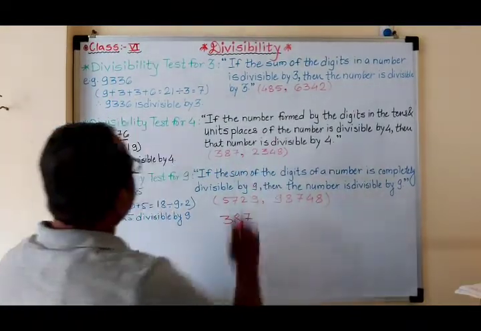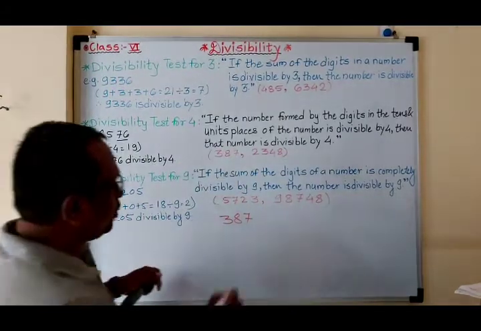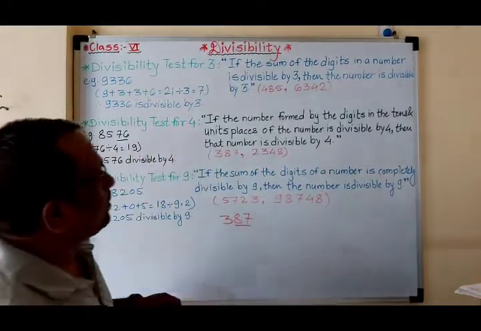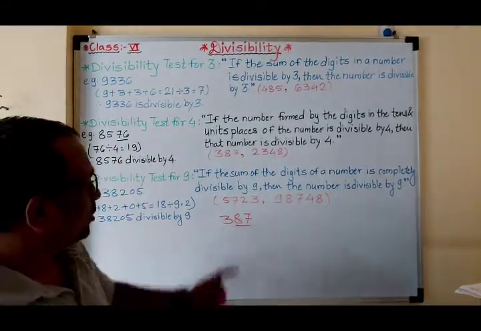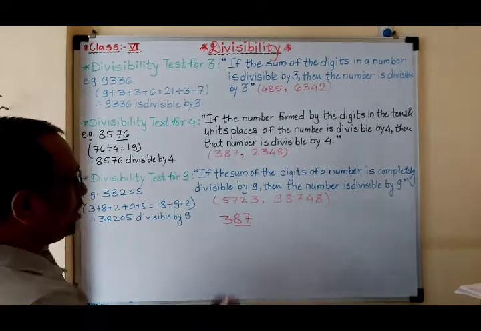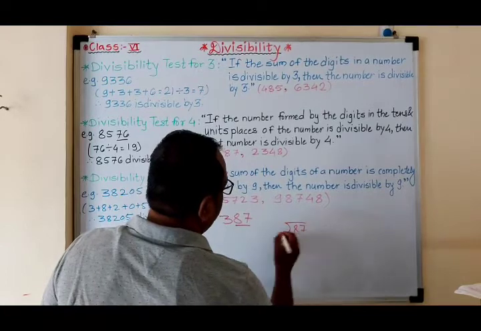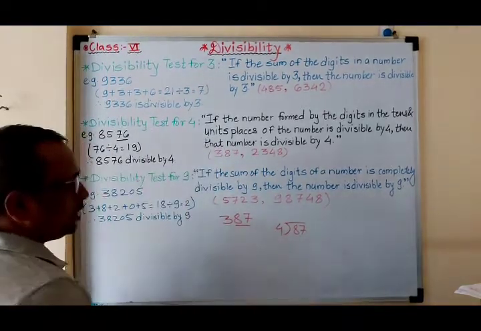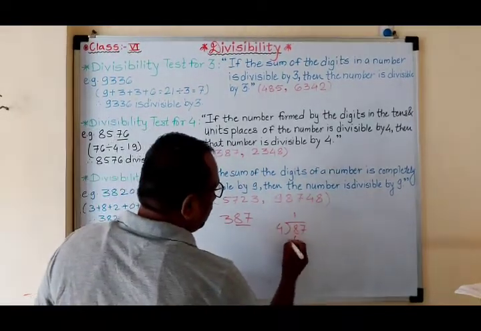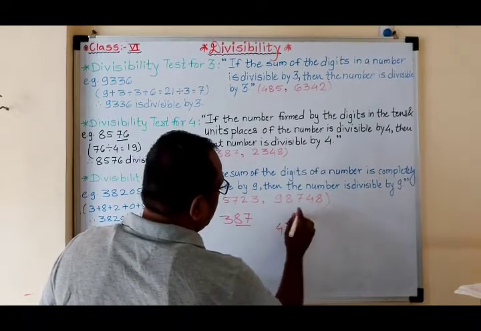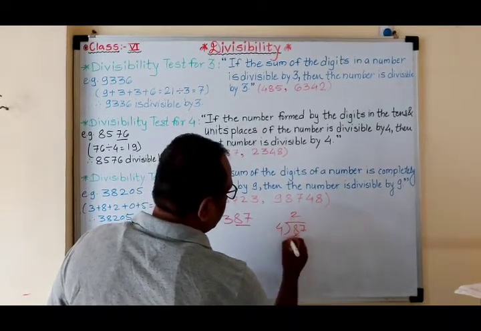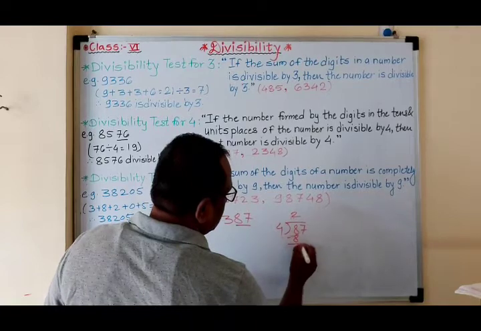387. As per the divisibility test of 4, we have to consider the tens place and unit place. So here 87. Now I have to divide 87 by 4. Okay, 4 ones are 4. 4 twos are 8. Here 0.